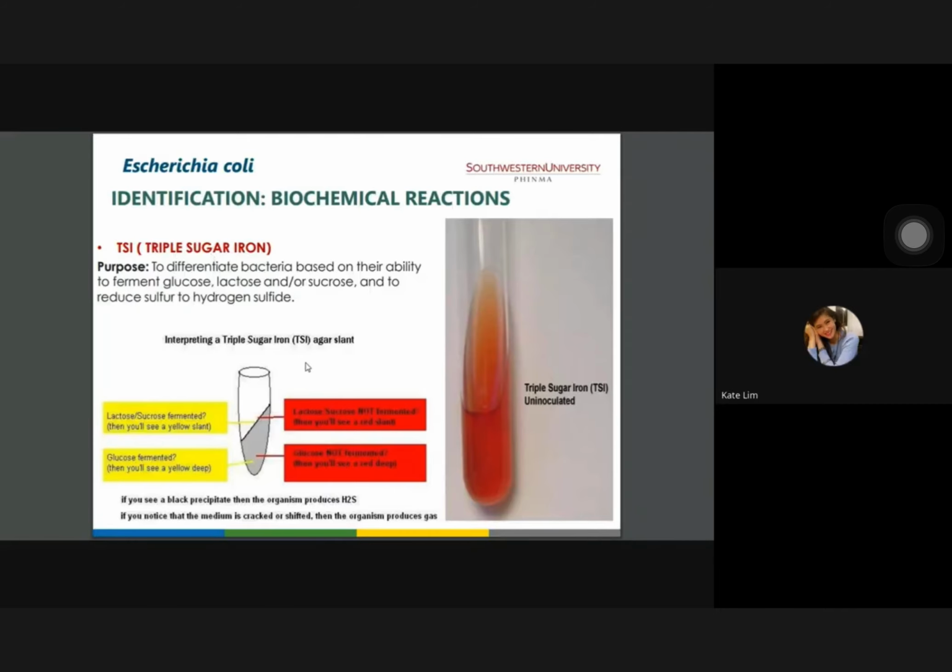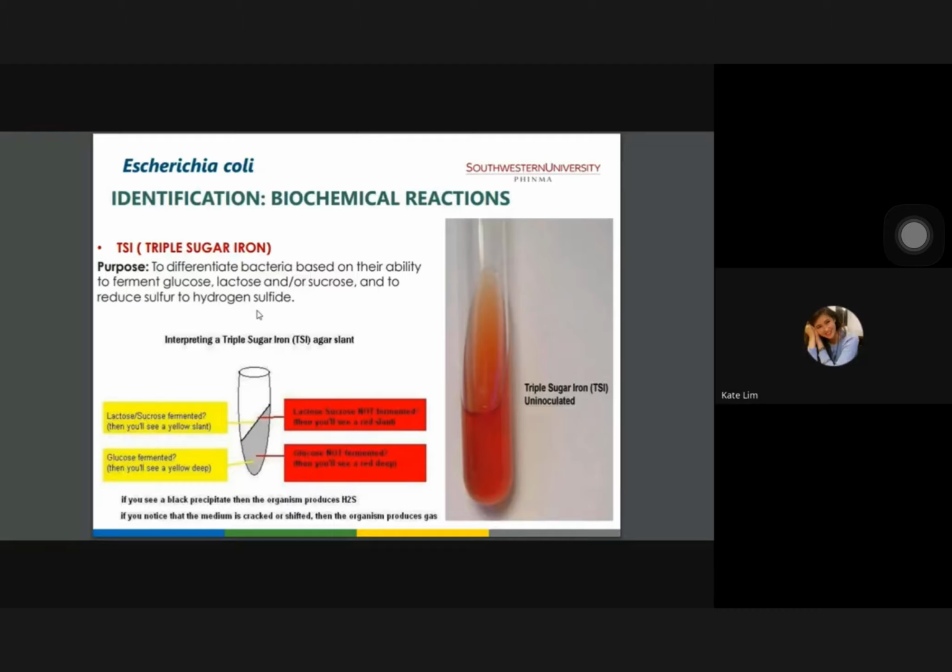Number two, it helps us to identify if the bacteria can reduce sulfur to hydrogen sulfide. So it would tell us if the bacteria can produce hydrogen sulfide.